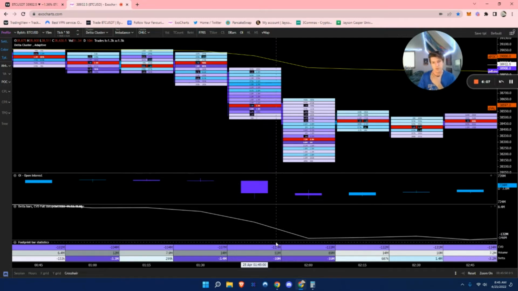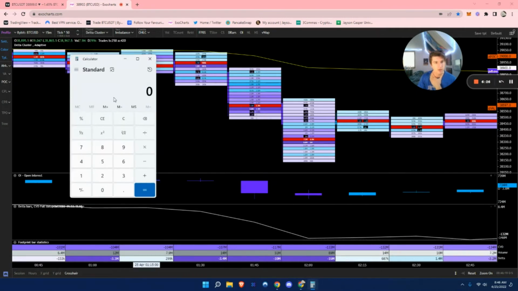To calculate and look at what CVD is, you're going to take the last amount of delta and add it to the last cumulative volume delta. Right here, we're reading a negative value of 107 million.